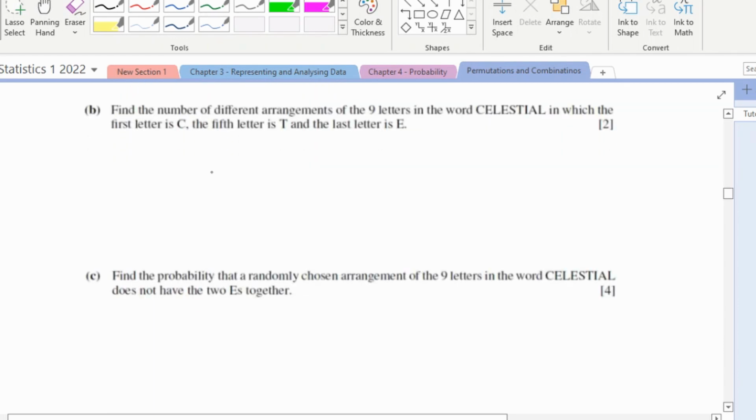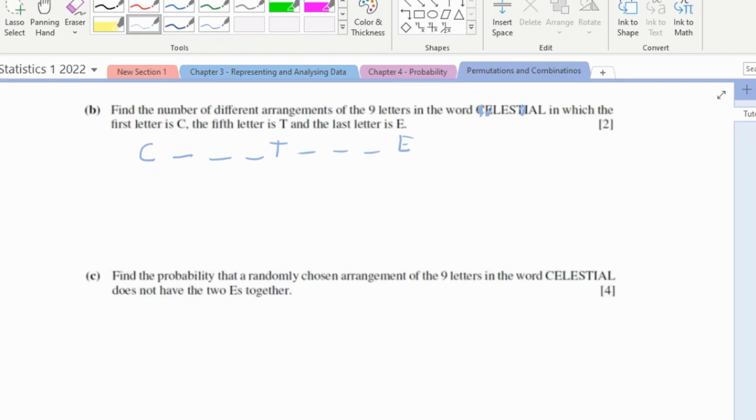Find the number of different arrangements of the 9 letters in the word celestial, in which the first letter is C. Okay. And the 5th letter is T. So 1, 2, 3, 4, 5. And the last letter is E. 1, 2, 3, 4, 5, 6, 7, 8, 9. Okay. So if you think about our word here, get rid of that, get rid of that, get rid of that, and those are the ones that we've got left.